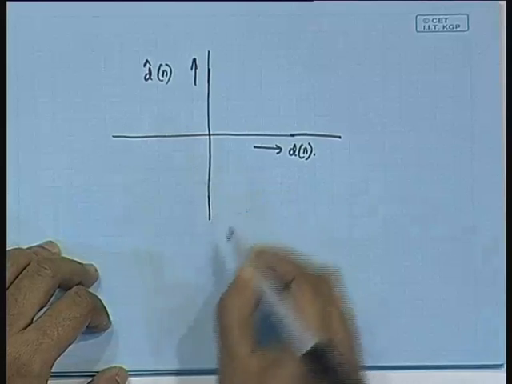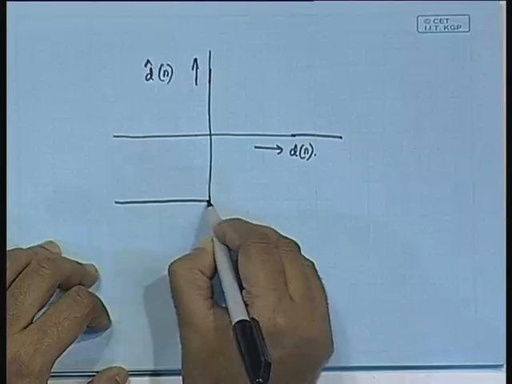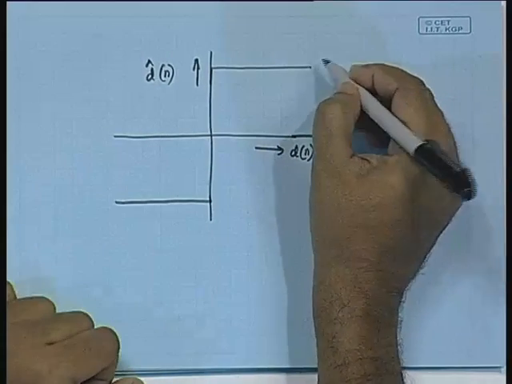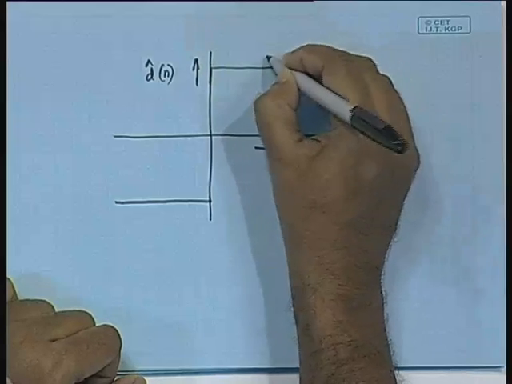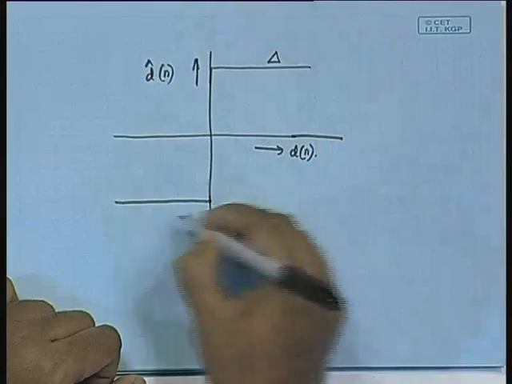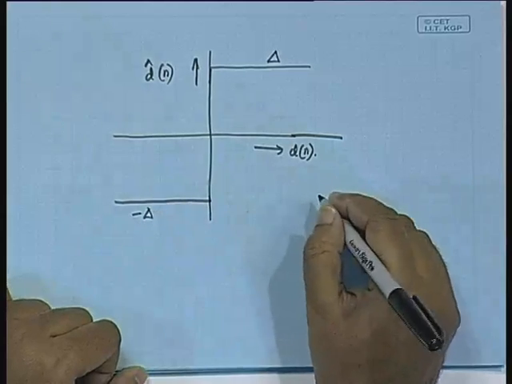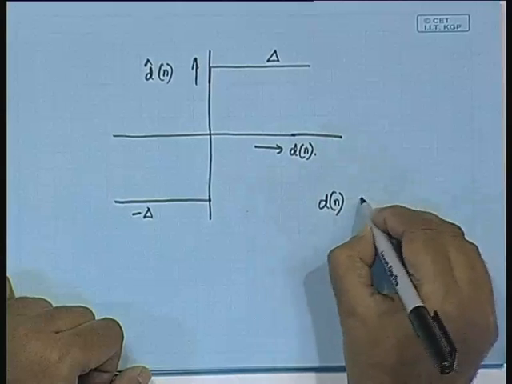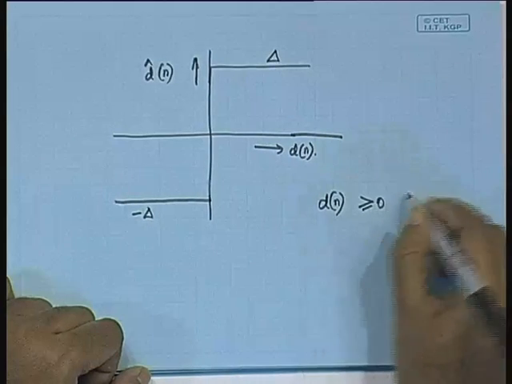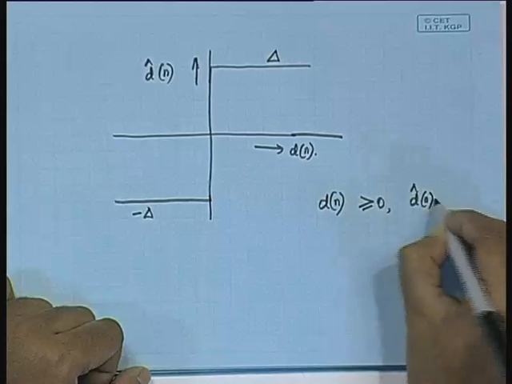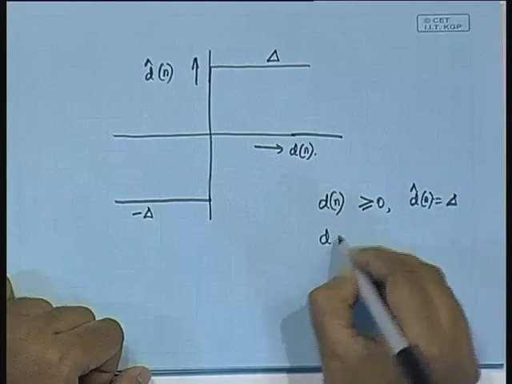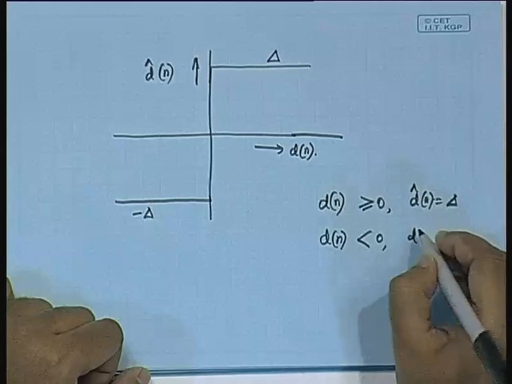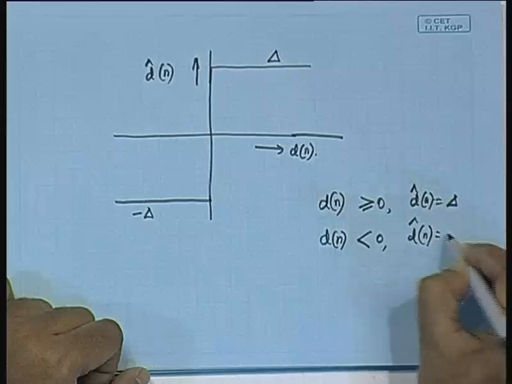And for the case of delta modulator, you must be knowing from your knowledge of the digital communication course that we are going to have these levels as plus delta and minus delta, which means that as long as we have d of n greater than or equal to 0, then d cap of n is going to be plus delta, and if d of n is less than 0, in that case we are going to have d cap of n equal to minus delta.